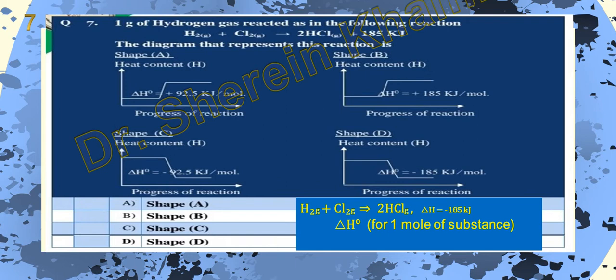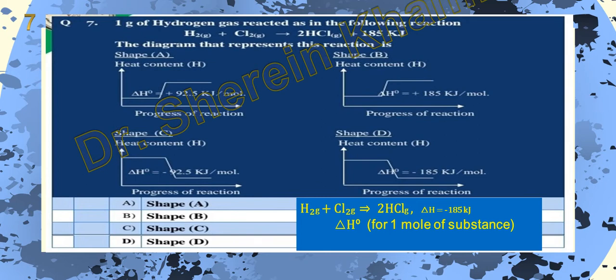But we have here the relation with heat content, and he wants the standard heat content, delta H naught. The standard heat content means constant pressure and constant temperature, 25 degrees Celsius.